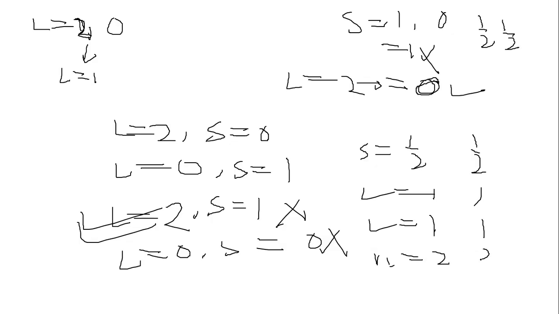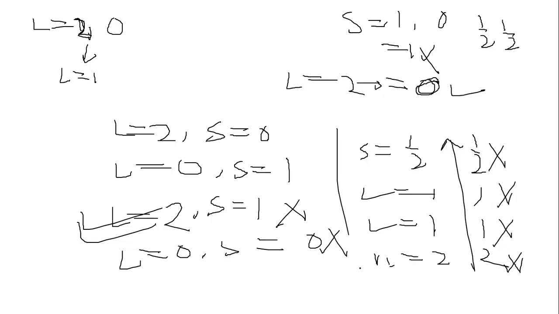Since all four quantum numbers of the two electrons are equal, it doesn't obey Pauli's exclusion principle. So that's why the combination of L equals 2 and S equals 1 cannot be taken.